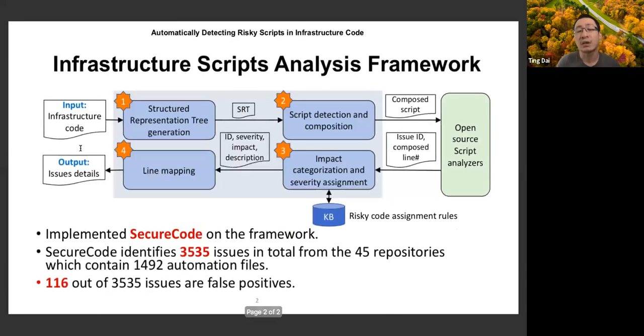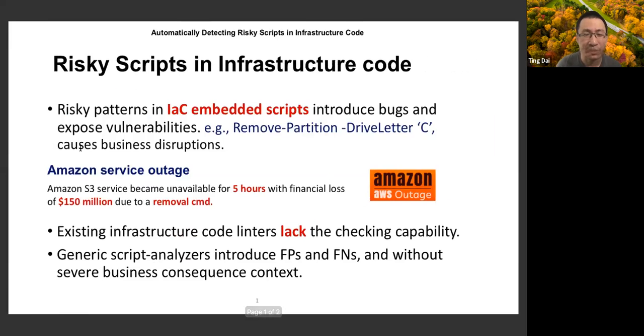Moreover, without correlating the identified issues with the risky behaviors, users have no understanding about how the risks manifest in the production environment, what the potential business consequences of those risks have, and how severe those negative consequences are.